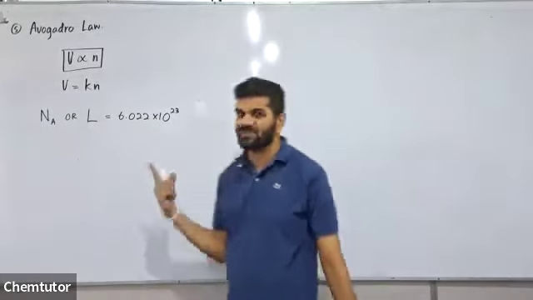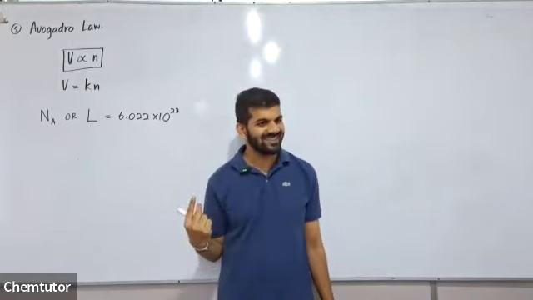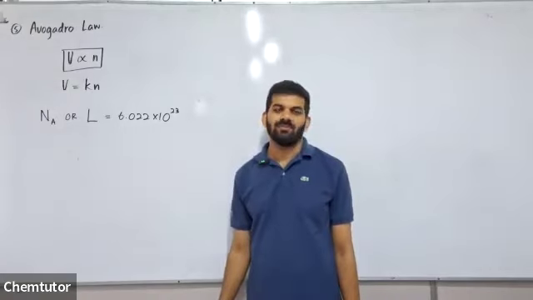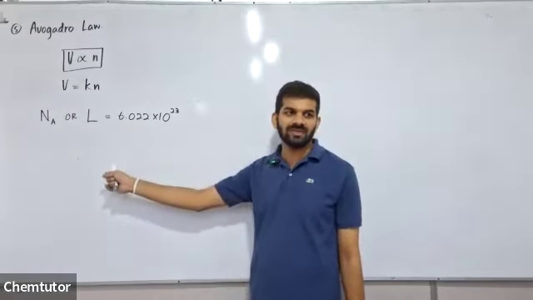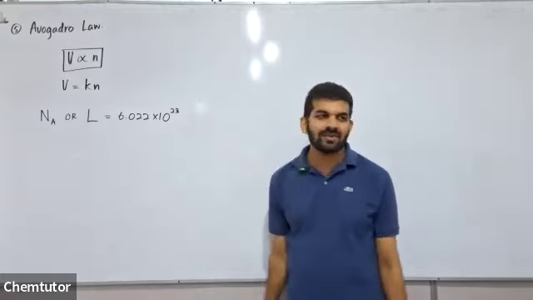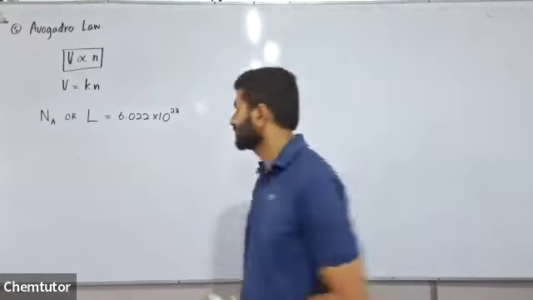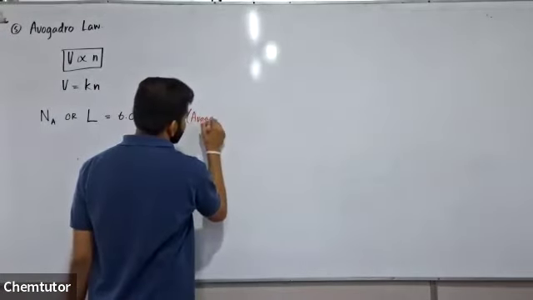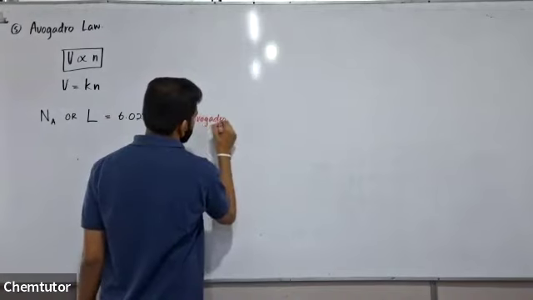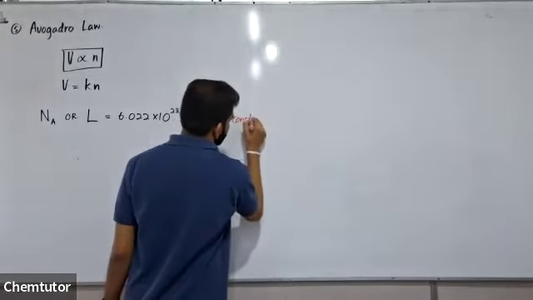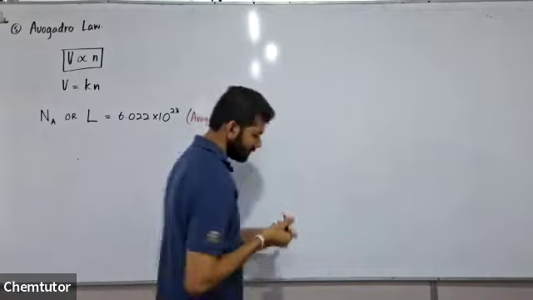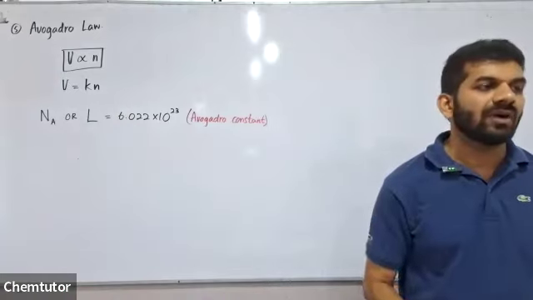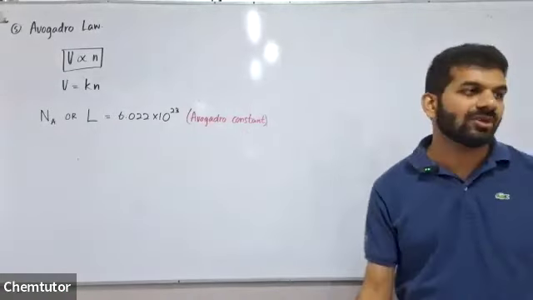It's better if you can remember this value. But usually this value is given in the question paper. But you have to remember that this is the Avogadro constant, N A. For any given gas, in 1 mole of the gas, it has this many molecules.